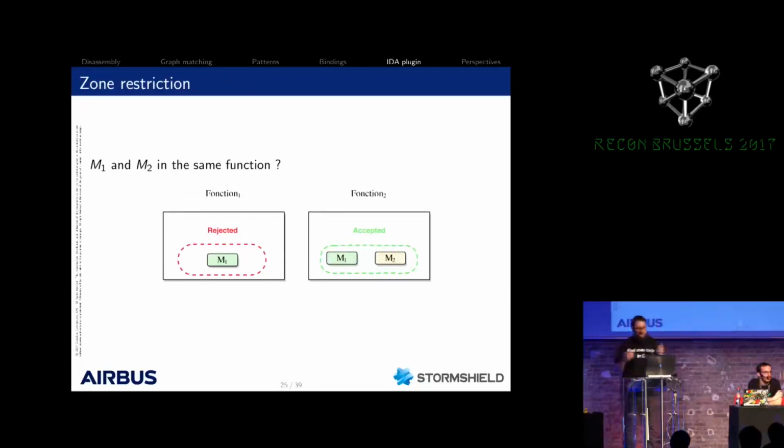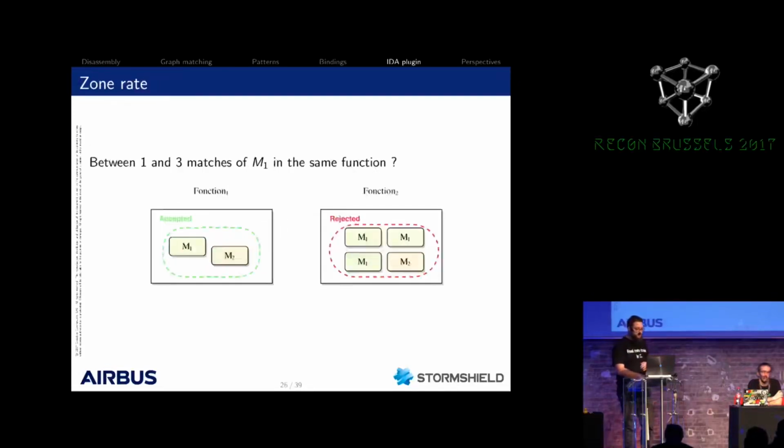For the set key for RC4, we have 2 loops. The first loop is the first pattern, and the second loop is the second pattern. So if we don't have those 2 loops in the function, it's not our function. You can see at the right we have the 2 patterns. So okay, it's accepted. But if we have just one pattern, it's rejected.